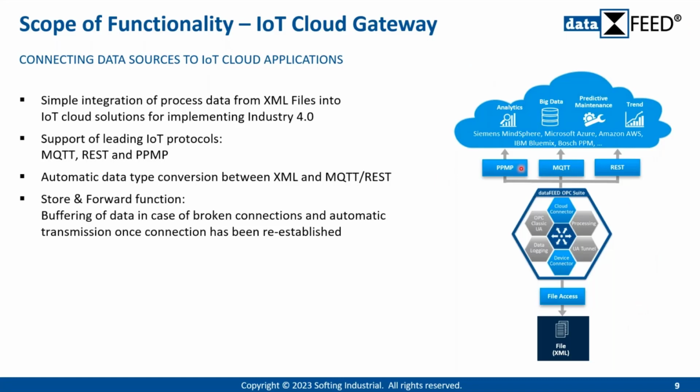In this case, the suite also does automatic data type conversion, and for this scenario we also have an integrated store and forward function. If the connectivity to the cloud application is interrupted, we store the data, and when the connection is re-established, we automatically deliver the stored data to this application.